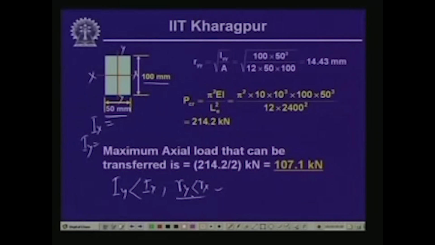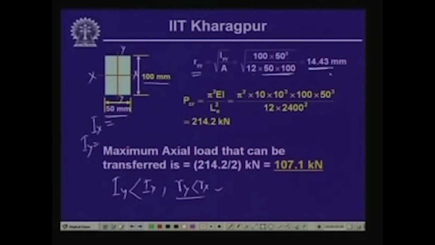Now, the value of R y, which is equal to root of I y by A, where I y is 100 times 50 cube by 12 and area is 50 times 100, comes as 14.43 millimeter.